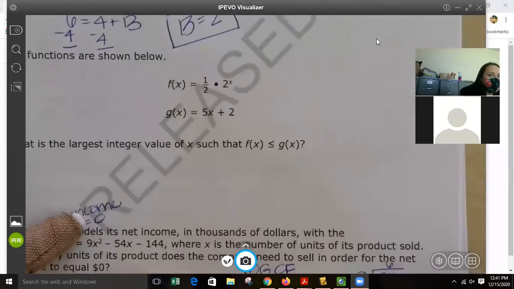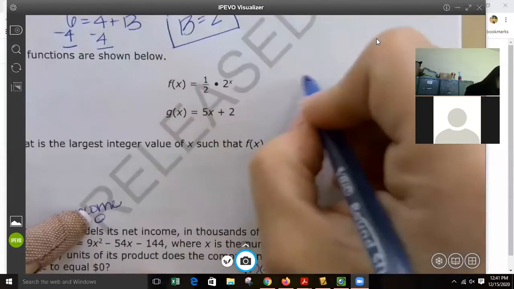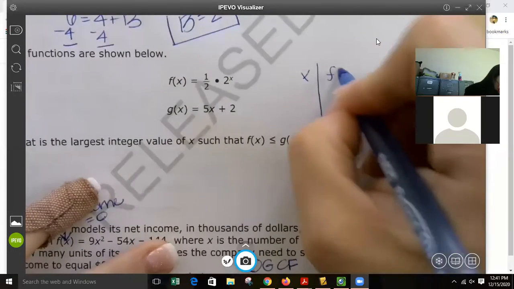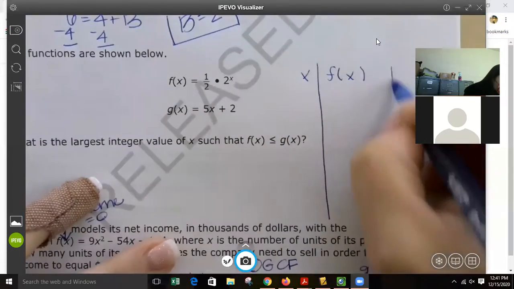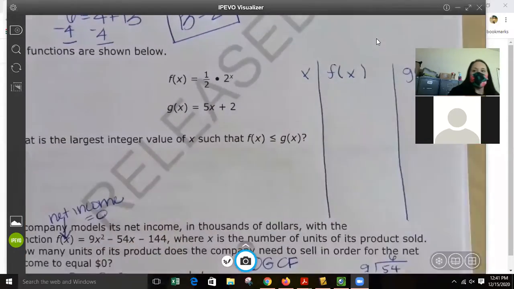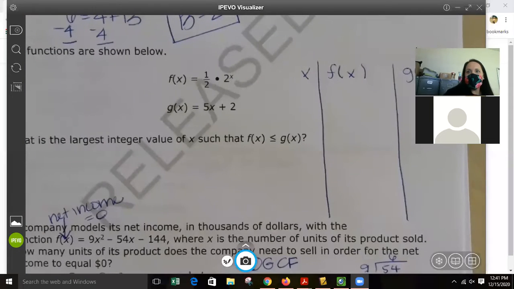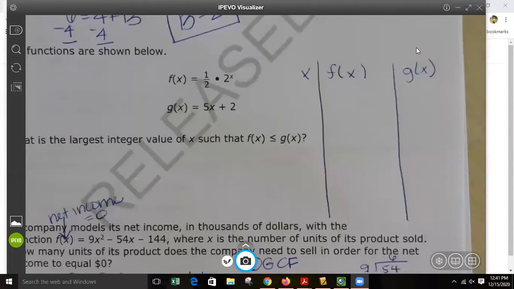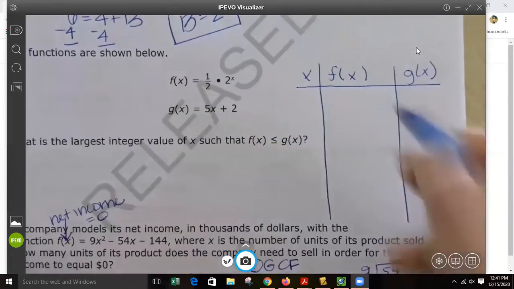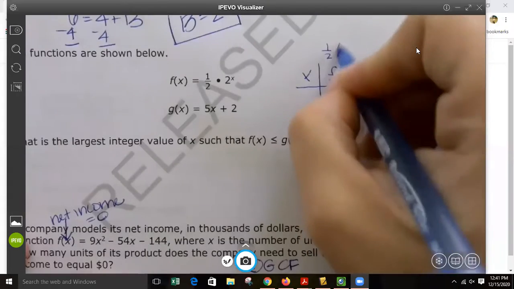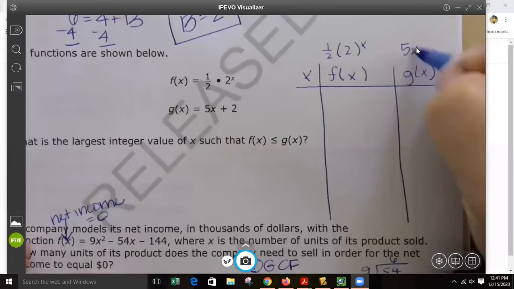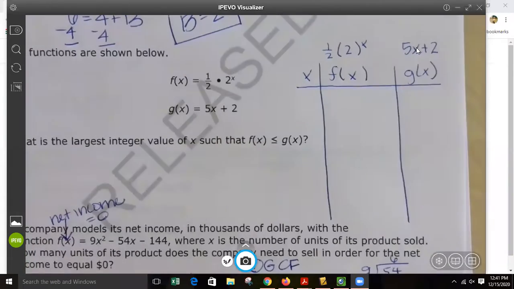So this is how I would do it by hand. I would make a chart, and we're going to start with x, and then we're going to have f of x, and g of x. f of x is 1/2 times 2 to the x, and g of x is 5x plus 2.